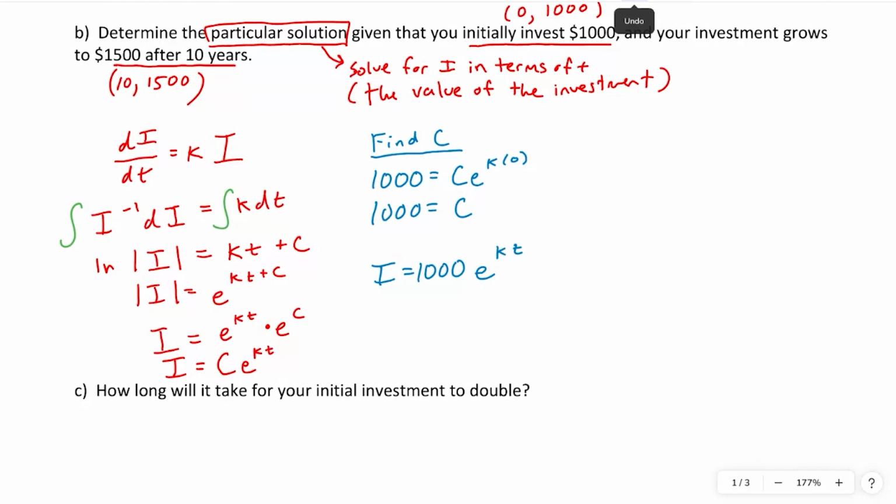So let's find that k value. We've got C filled in here. We could use the other given information, the fact that it's worth $1,500 after 10 years, and plug in 10 into T and 1,500 into I to solve for K. So 1,500 equals 1,000 times e to the k times 10.